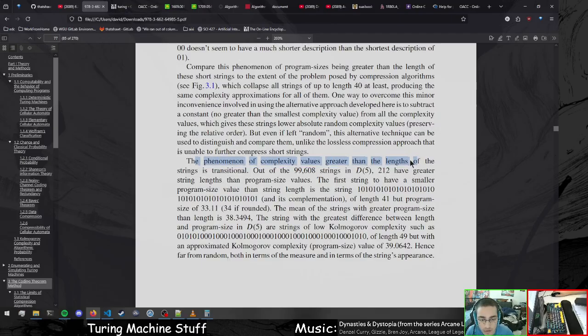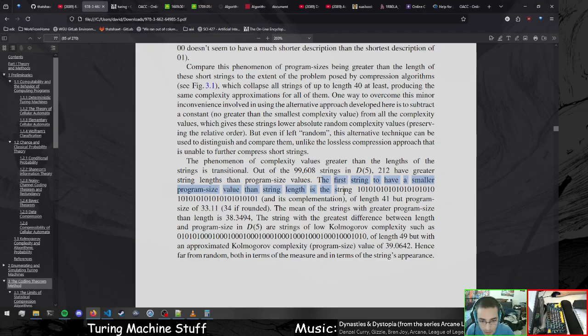Complexity value is greater than length. 212 of the strings have greater string lengths than program size values. The first string to have a smaller program size value, then the string length is this.